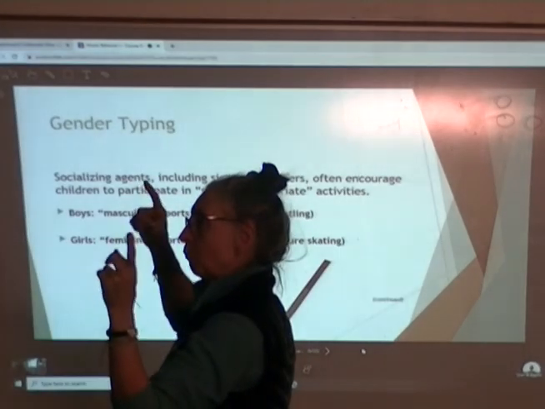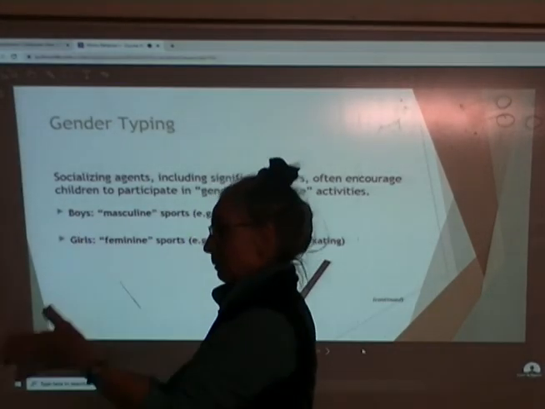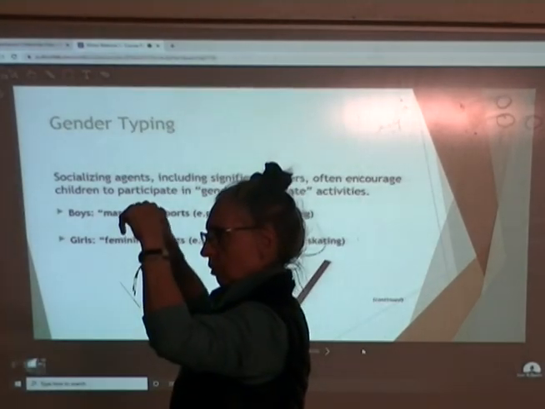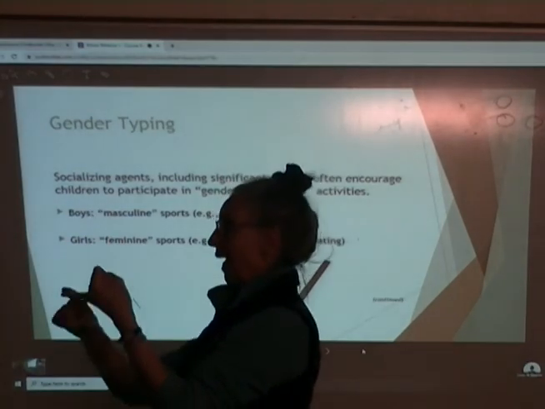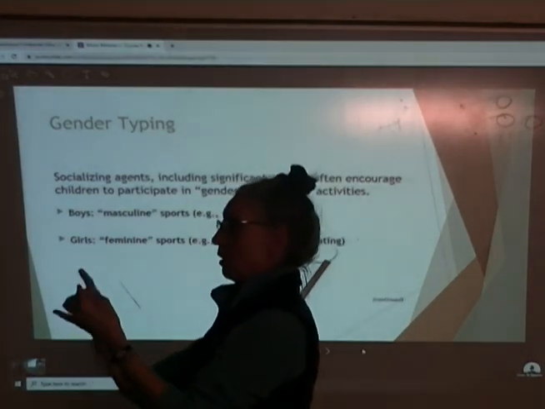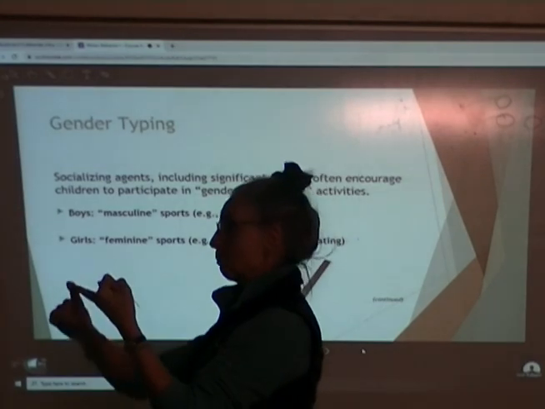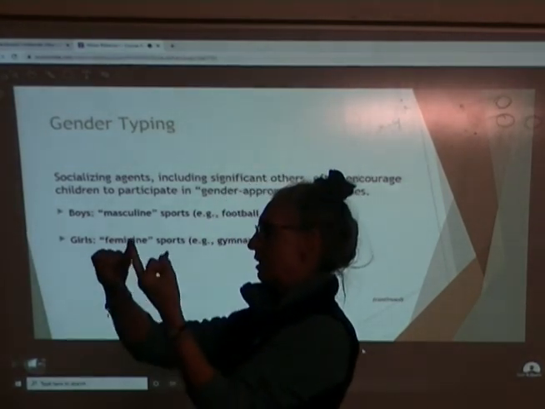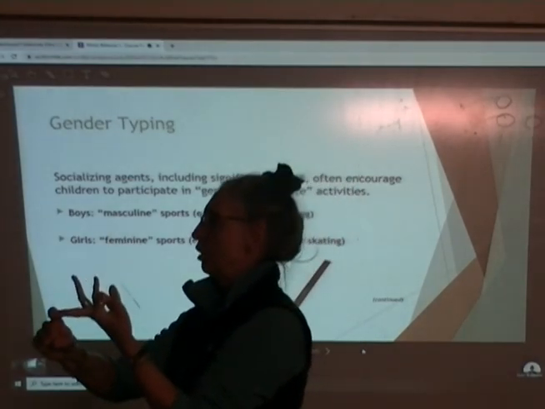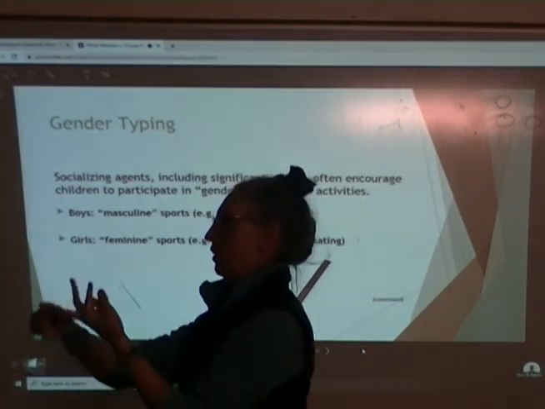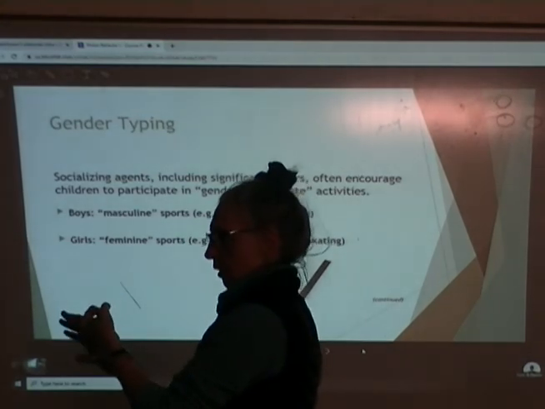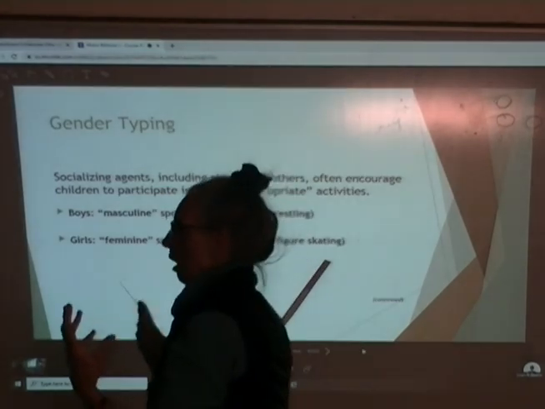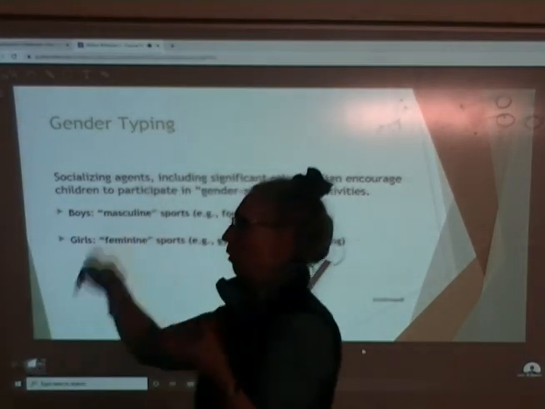And remember that at this point in their development, the parent is in charge. The parent has to pay for the activity. The parent has to transport the child to and from the activity. The parent has to go and buy the uniform or the equipment that they need for that activity, right? So, in my case, I chose gymnastics. My parents didn't put me in gymnastics.